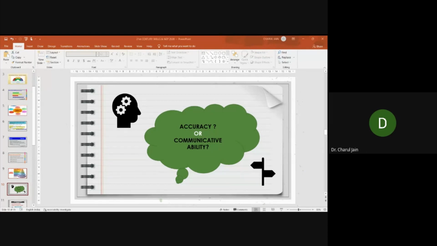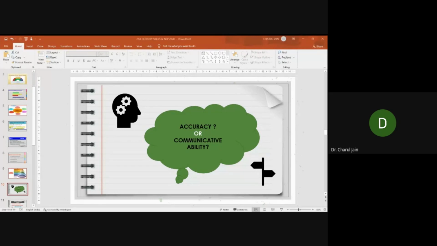Right. I agree completely that both are important, and therefore this kind of a dilemma has been created. Had anybody felt that only one is important, this dilemma would not have come at all. So accuracy is also important and communicative ability is also very important.